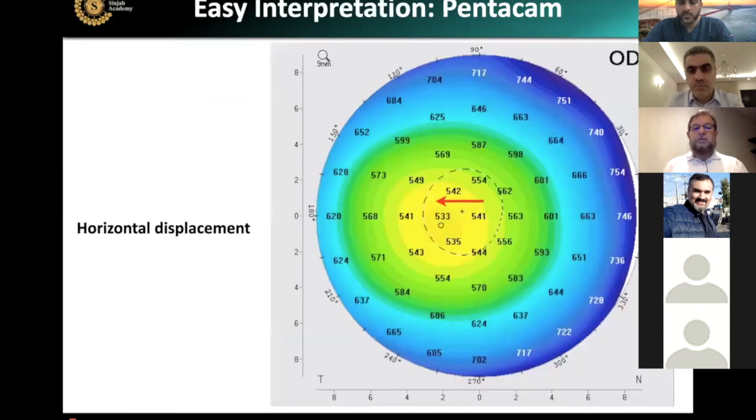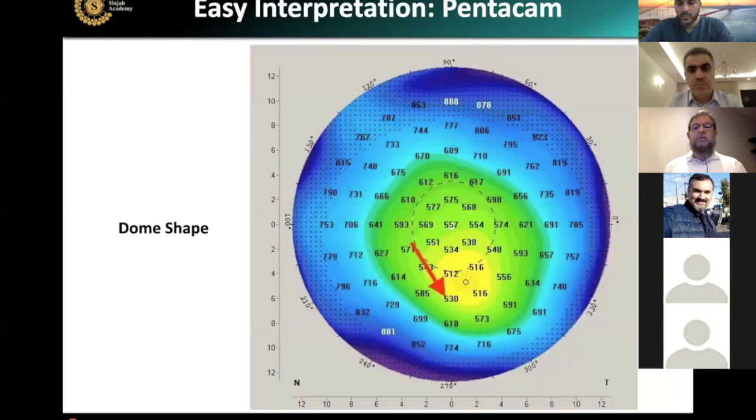And this is the horizontal displacement. Usually we see this in large angle kappa and in cases of horizontal misalignment. And this is the dome shape. As you see, the whole pattern is displaced downward, usually temporally as well.